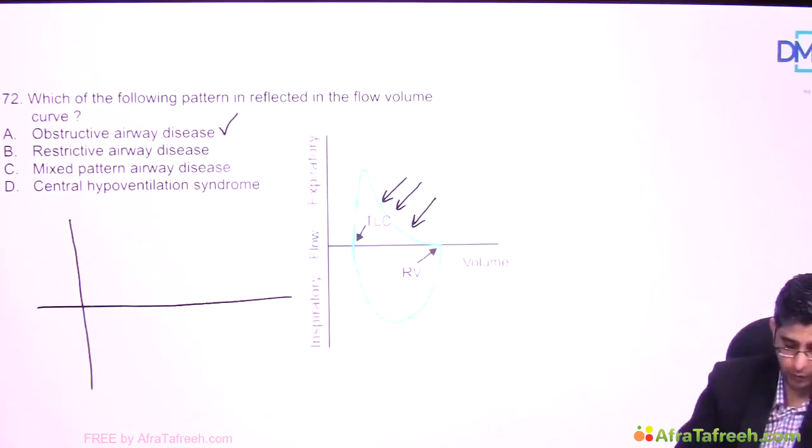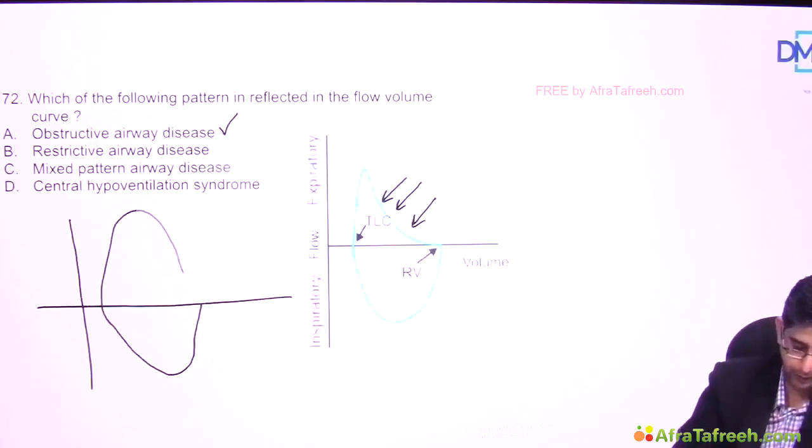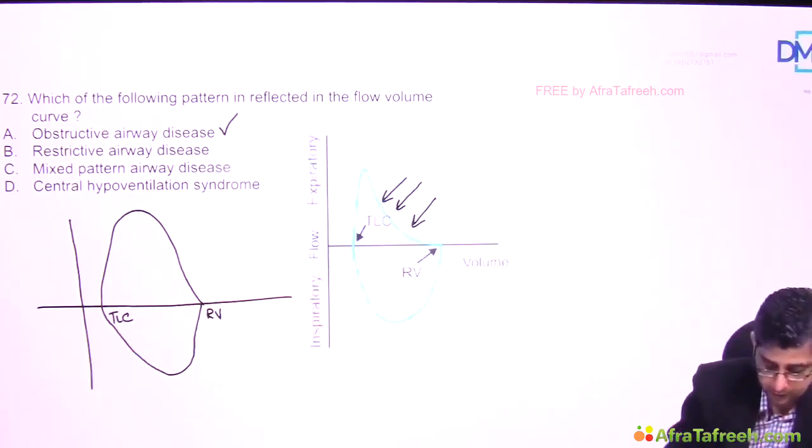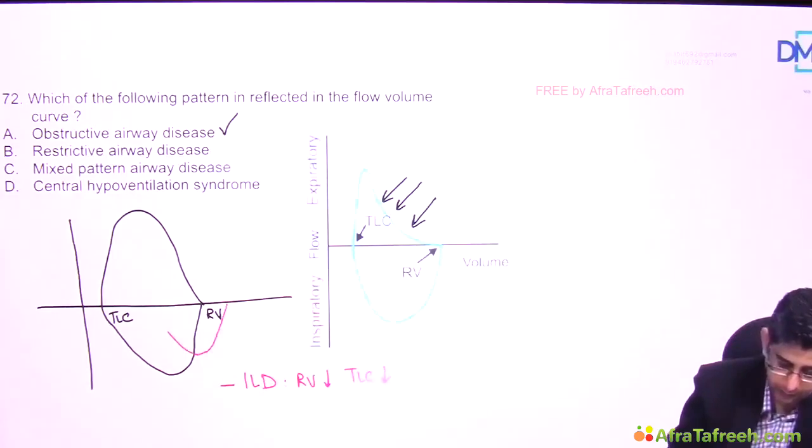If this is a normal flow volume curve, this is residual volume, and this is total lung capacity. In patients who are having interstitial lung disease, residual volume and total lung capacity become lesser. So there is a rightward shift of the curve, and the curve has a very characteristic pointed appearance, which is known as a beanie cap appearance.